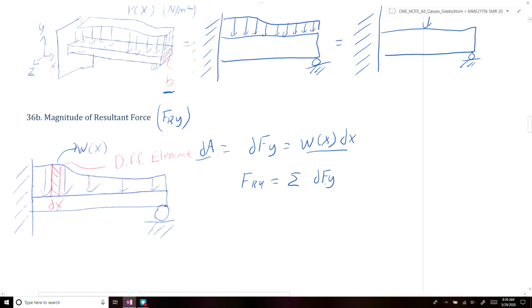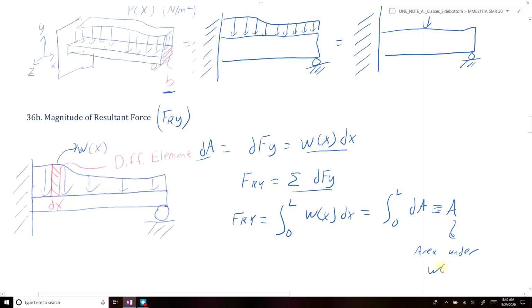To take the sum of a continuous function, we take an integral. So FRY would be equal to the integral from 0 to L of W of x dx, which is equal to the integral from 0 to L of dA, or just the area under the distributed load curve.